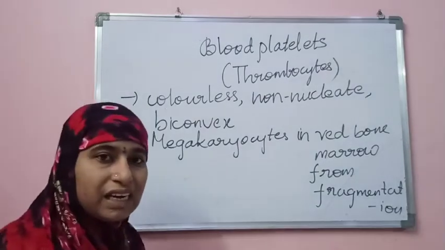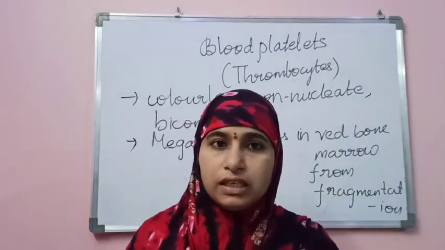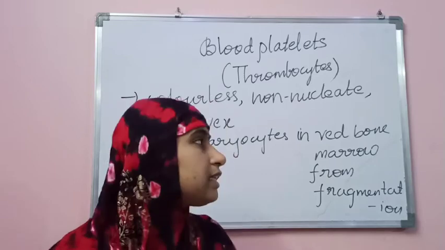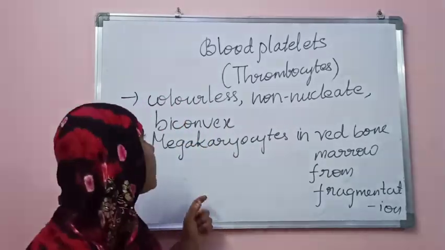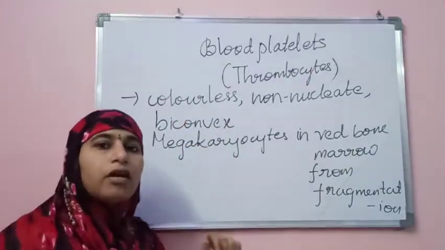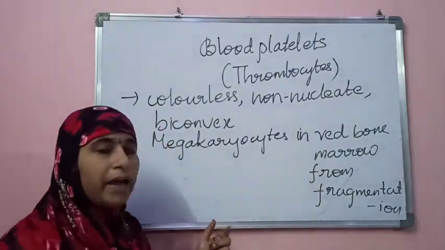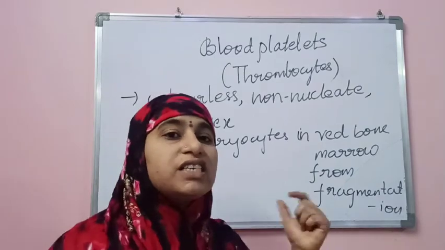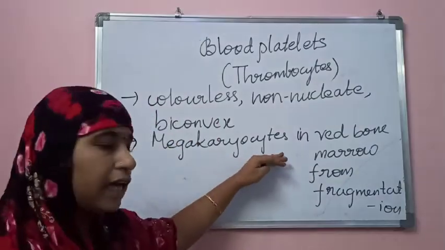Here the blood platelets are the third type of cells in the blood. The other name of blood platelets is thrombocytes. The thrombocytes are colorless. They do not have a nucleus and they are biconvex in shape. And these are formed from the megakaryocyte.